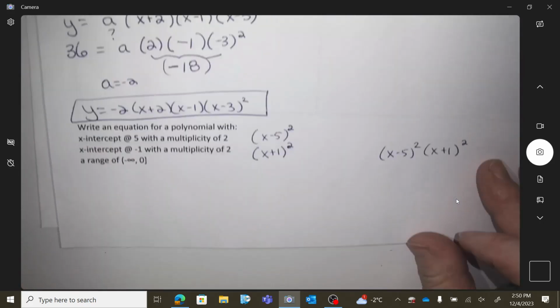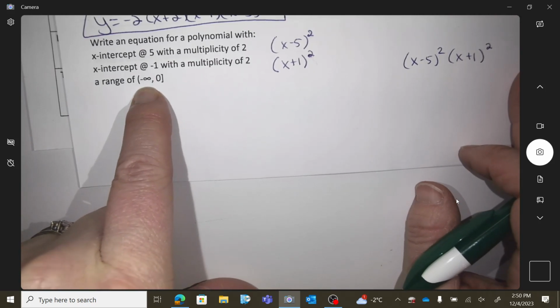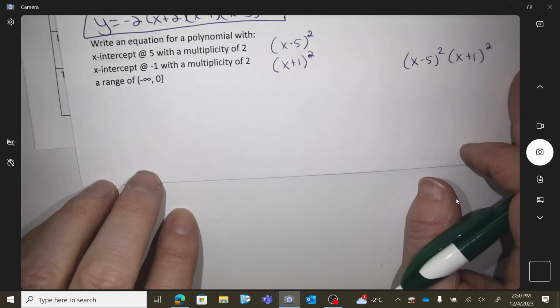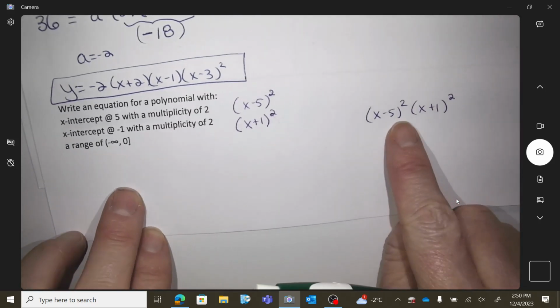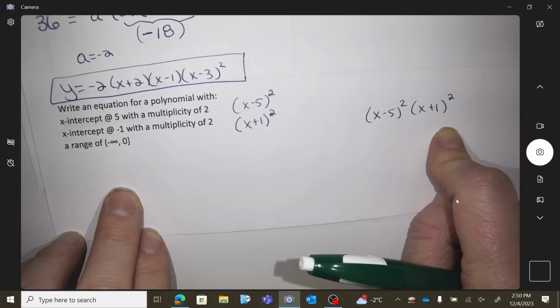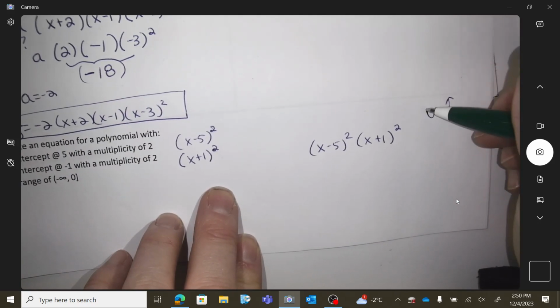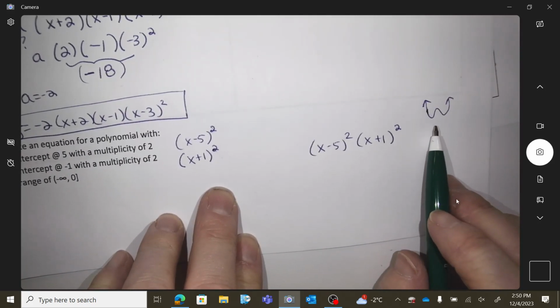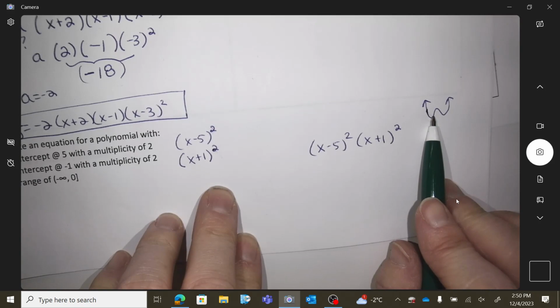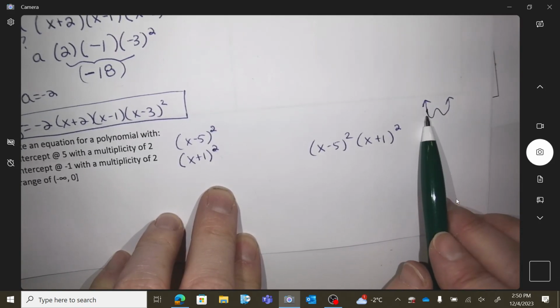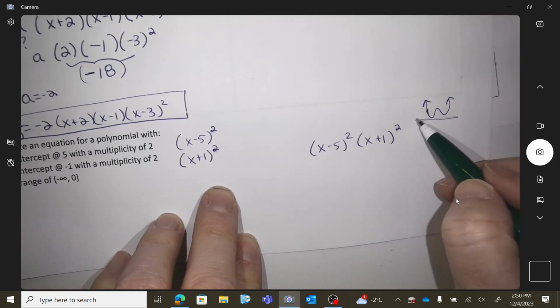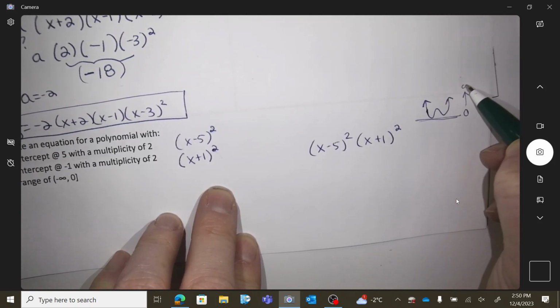Okay, and then the range is from -infinity to 0. So this is a fourth right now. So it would look like this right now, right? That range would be what to what right now as it would sit? It'd be 0 to infinity, right?